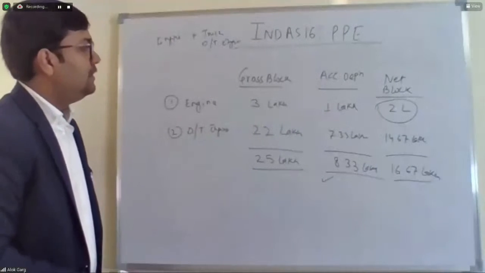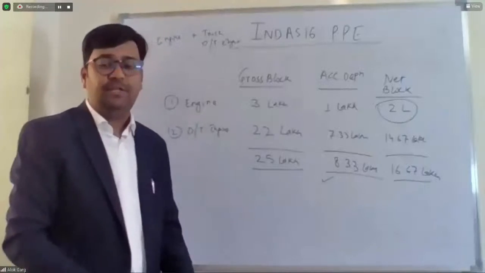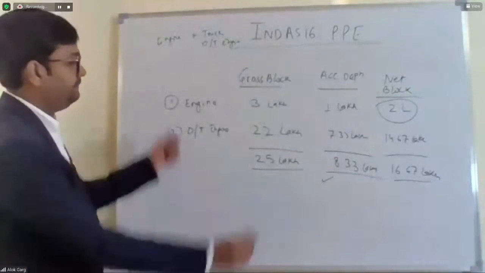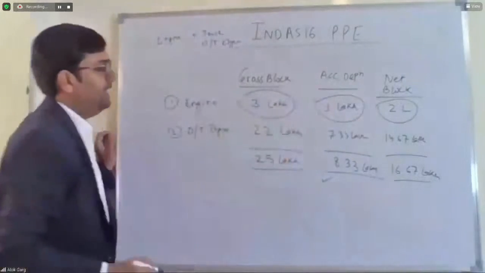So what accounting entries do we need to pass? The gross block is 3 lakh, depreciation is 1 lakh, and net block is 2 lakh.